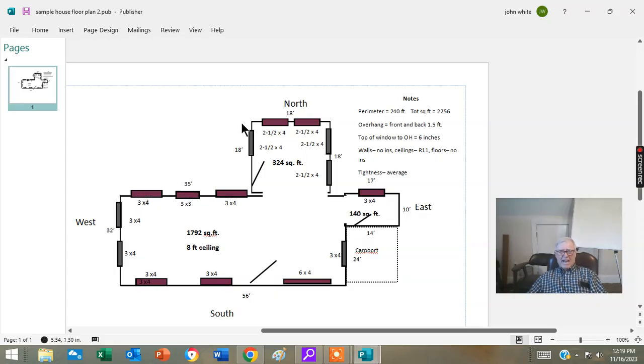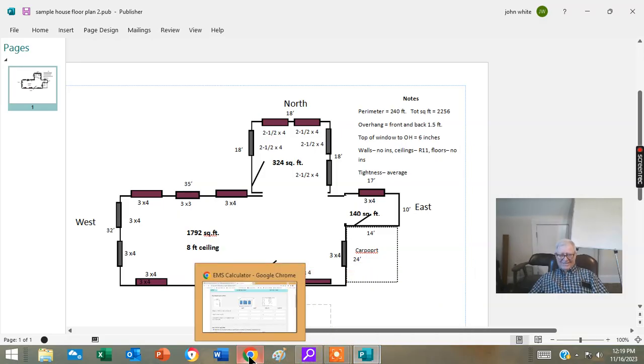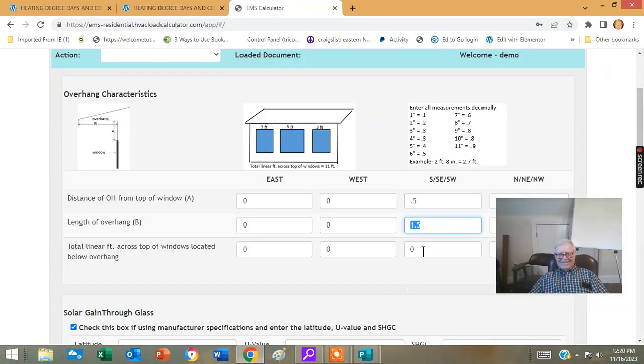That's 9 feet, plus 2.5, plus another 5 feet. So 9 and 5 is 14 feet, and another 3 foot is 17 feet going across the tops of all these windows. I told you it was going to get a little bit difficult, but this is as hard as it gets.